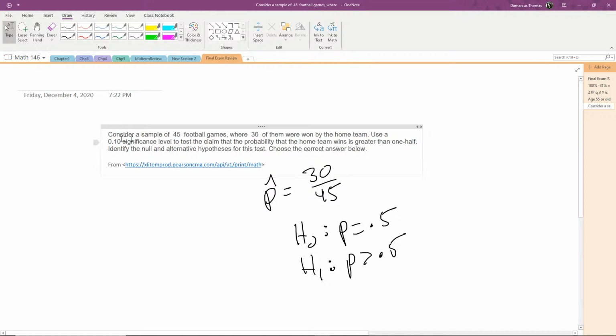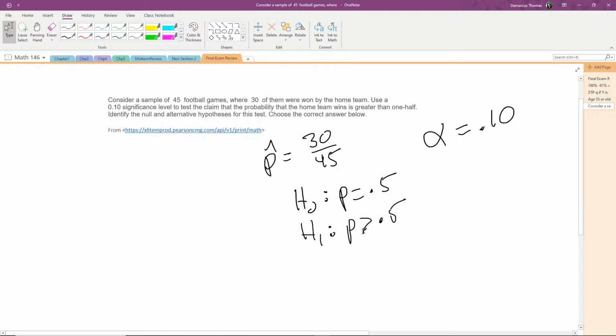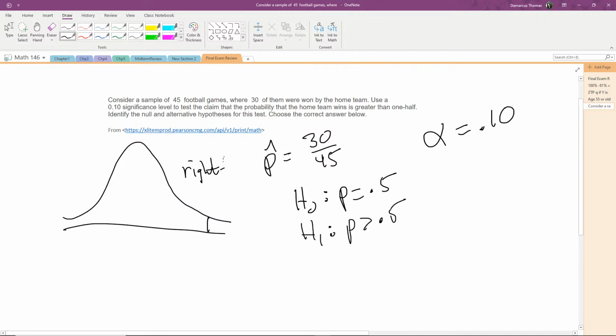And we also have that the significance level, the alpha, is 0.10. Now, because it's greater than 0.5, we are dealing with a right-tail test. The first step would be to calculate the test statistic, the z.